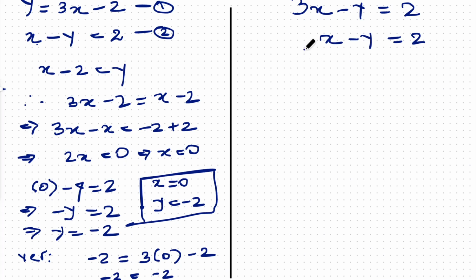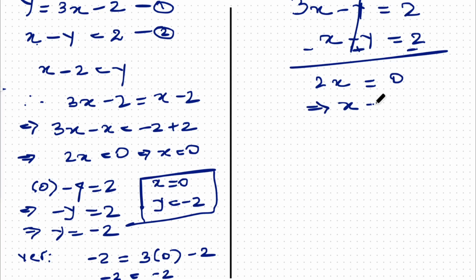So I'm going to flip the signs here because that's what will happen when I'm subtracting it. And so the minus y plus y goes away because it gets 0. 3x minus x gives me 2x, and 2 minus 2 gives me 0. And so this gives me x equals 0.